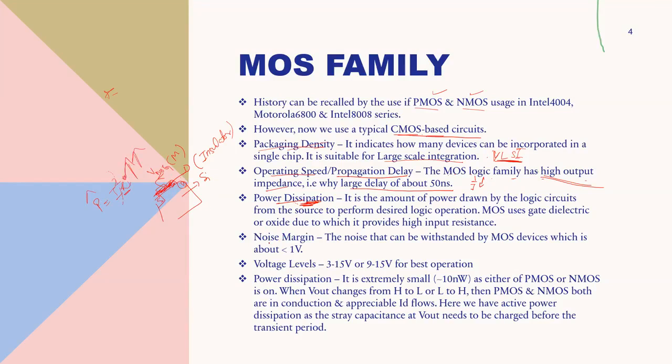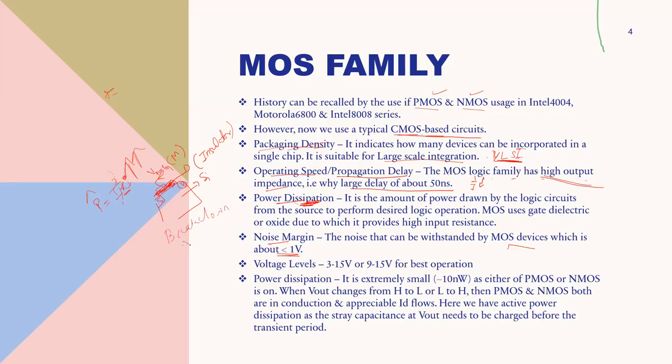Okay, then coming to noise margin: the ability of a device to withstand noise. MOS devices can take less than 1 volt of noise. They will go to breakdown regions once you start increasing beyond their capabilities.